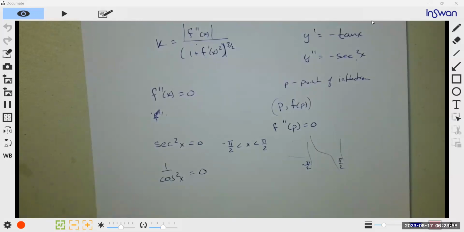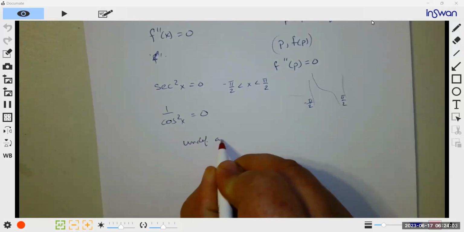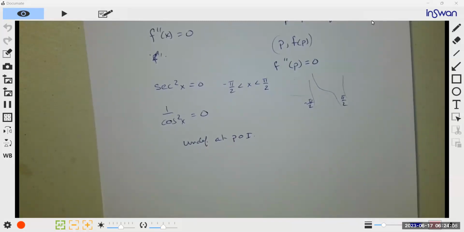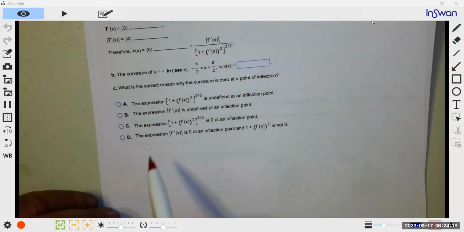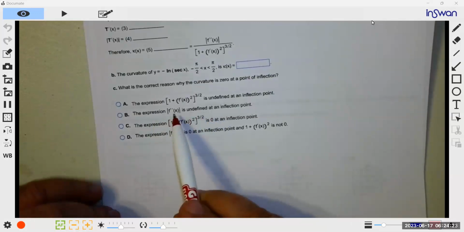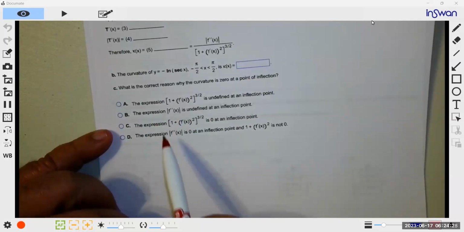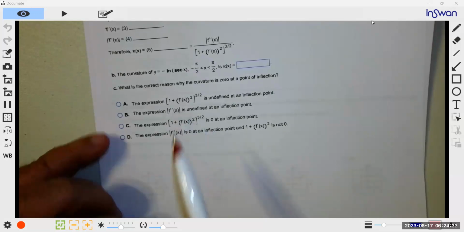It's undefined at the point of inflection. I just looked at the questions. The expression is undefined at the point of inflection. True. So it's got to be B.